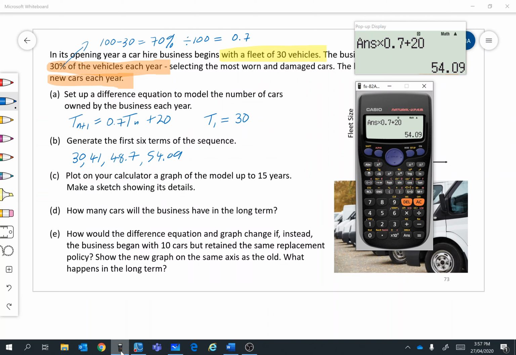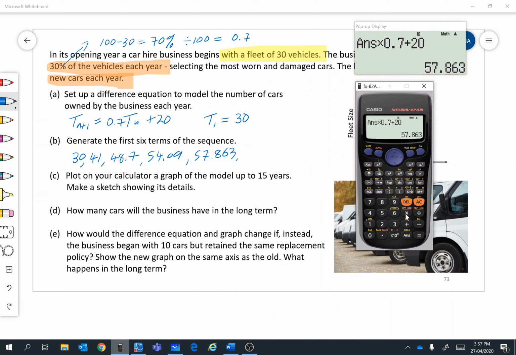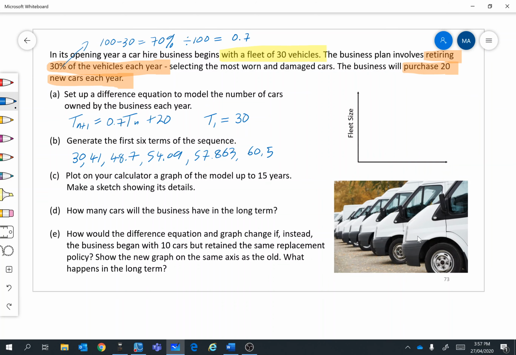But while you're generating the sequence, you just leave them as decimals. Okay, so that's 1, 2, 3, 4, 5. 1 to go. And 60.5 at the end. Okay, so that's fine there.